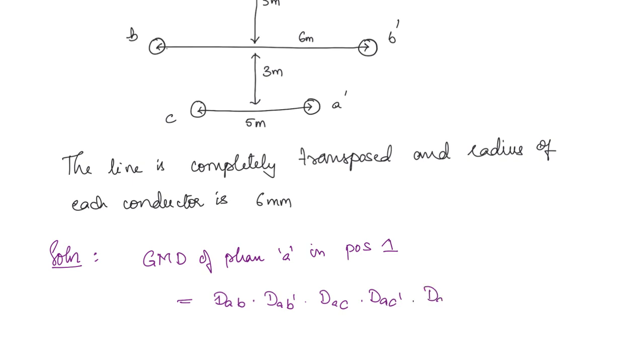Similarly between A dash and the rest of the conductors. So A dash B, A dash B dash, A dash C and A dash C dash. How many terms are here? You have 8 terms, right? So you have to the power 1 by 8.